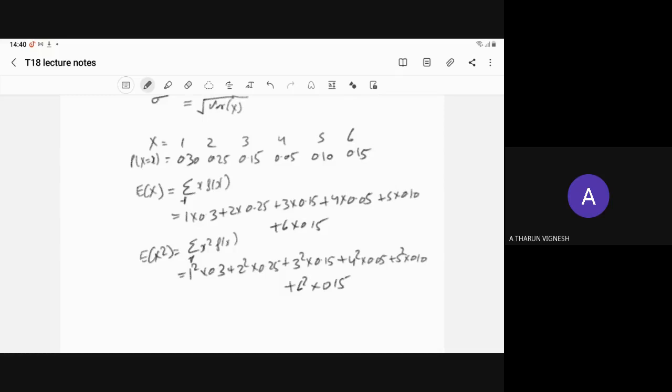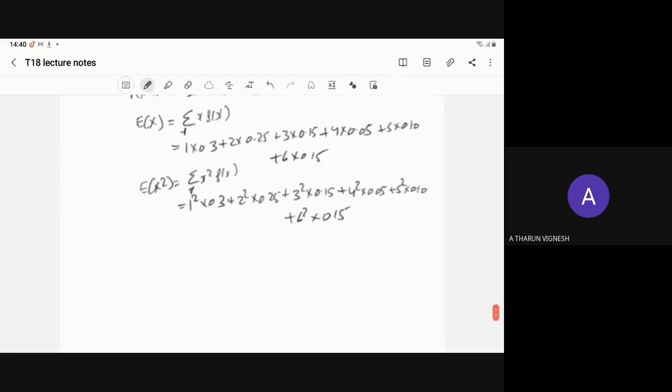So in this way we can compute the value of E(X) and E(X square). From here you can compute the variance of X. Variance of X is E(X square) minus the square of E(X).